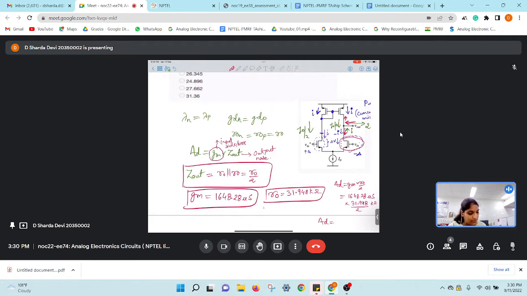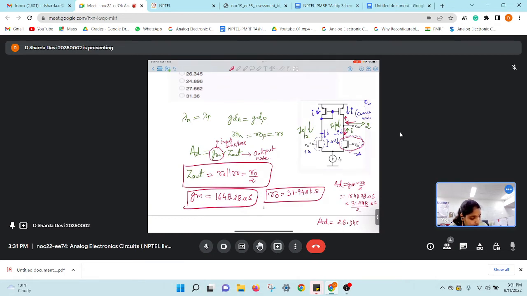What is the value we are getting for final AD? 26.345, I think.